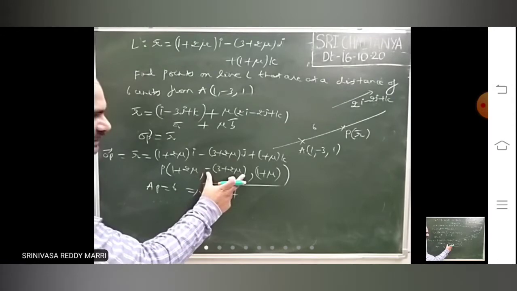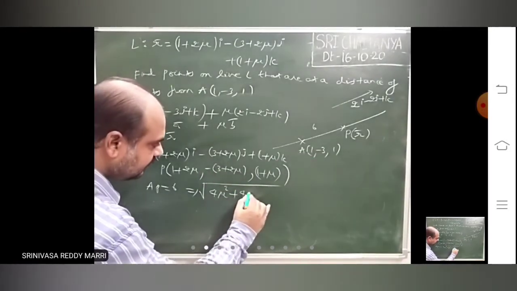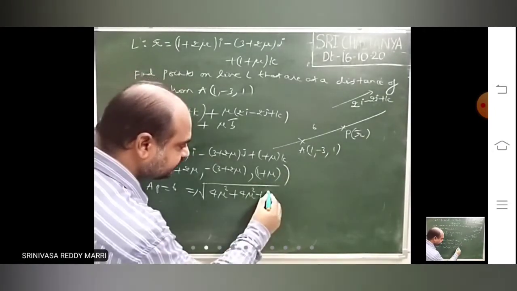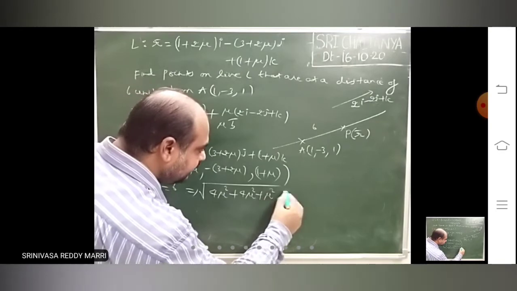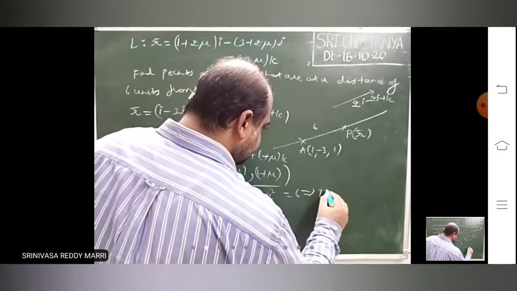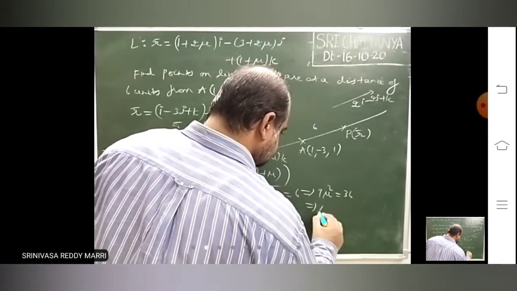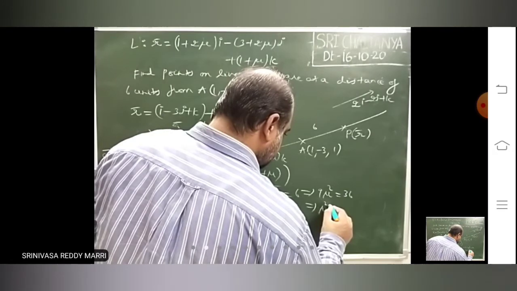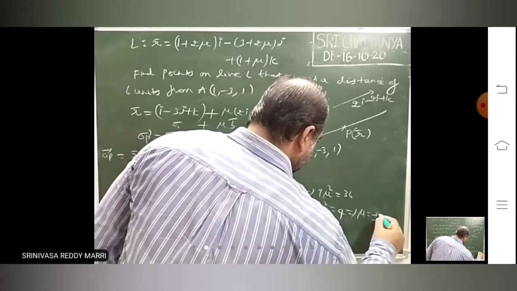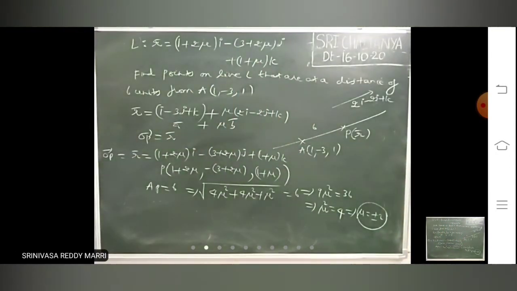Plus this minus of minus 3, so the 3 will get cancelled, 4μ² plus this minus 1 squared. Squaring on both sides, 9μ² equals 36. μ² is 4, so μ is plus or minus 2.